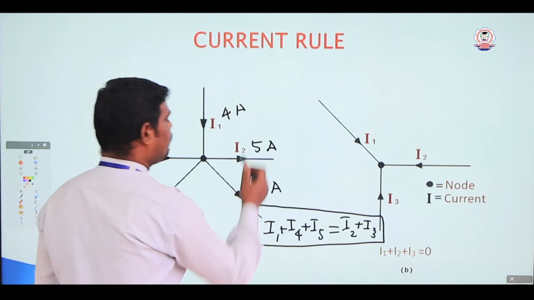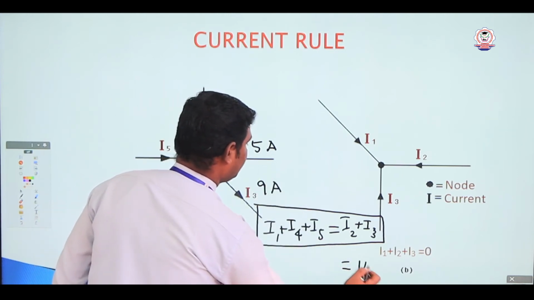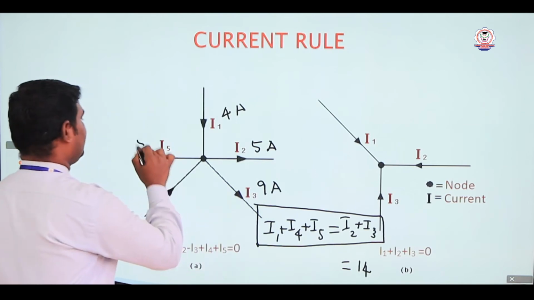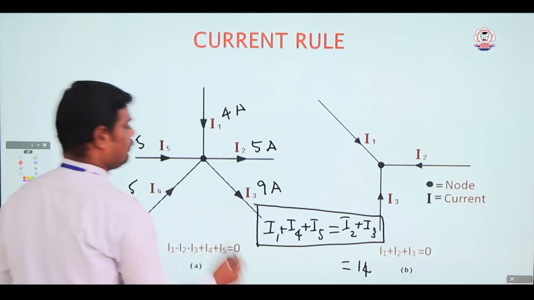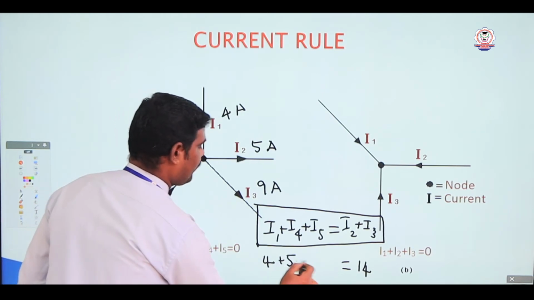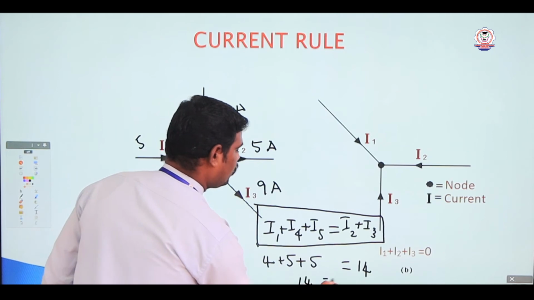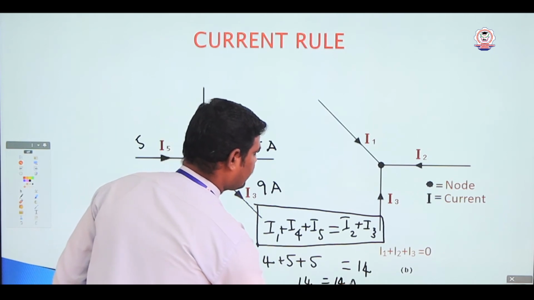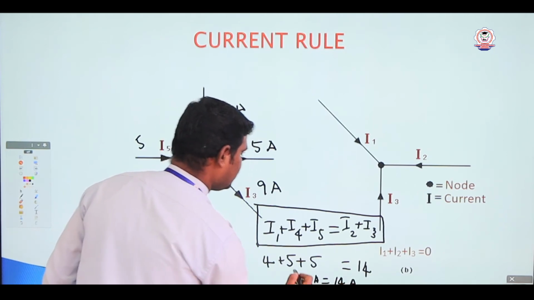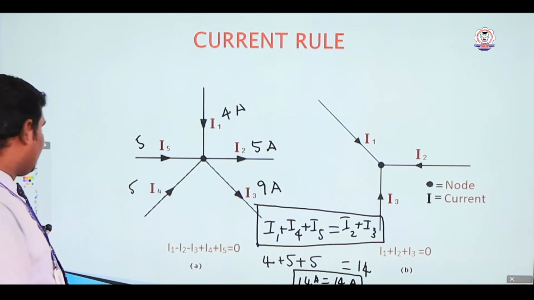Here 9 plus 5 is equal to 14. Here 5 ampere, here 5 ampere, which means 4 plus 5 plus 5. So 14 is equal to 14 ampere, which means incoming current is equal to outgoing electric current.